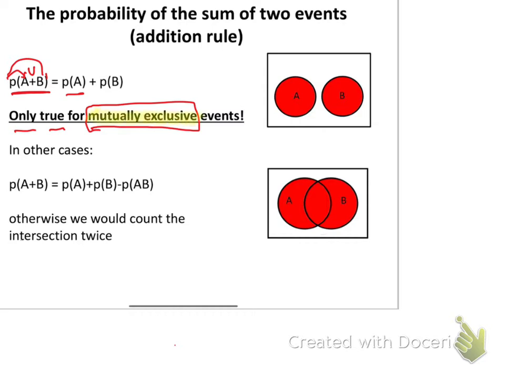Mutually exclusive events means disjoint, like this one. This one is exclusive, independent.